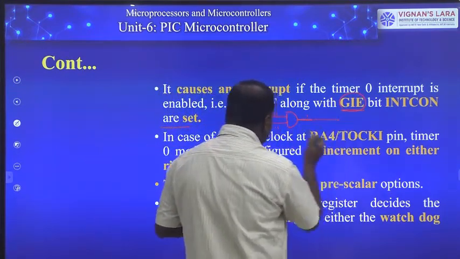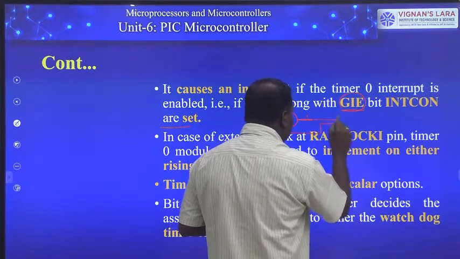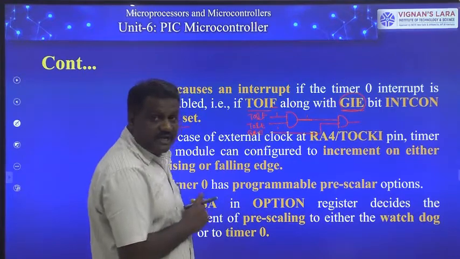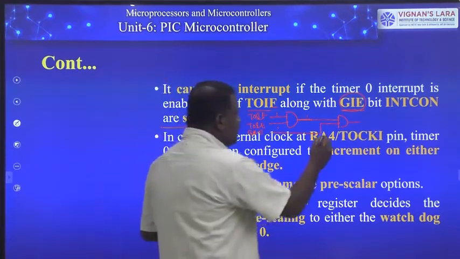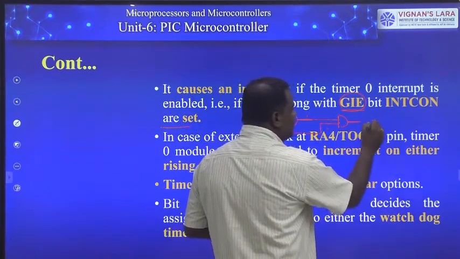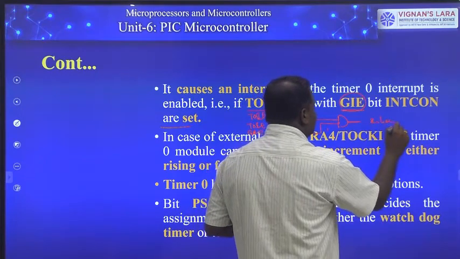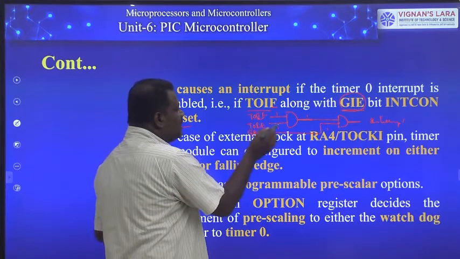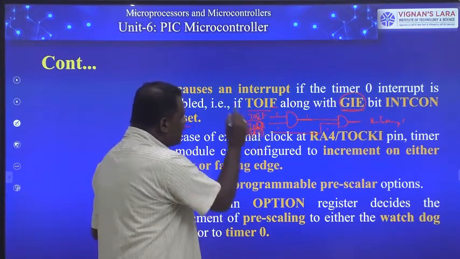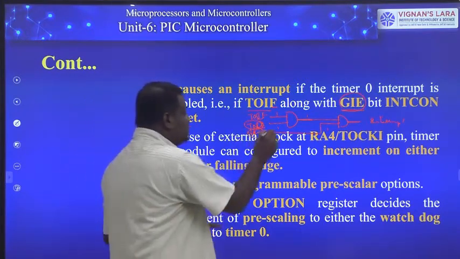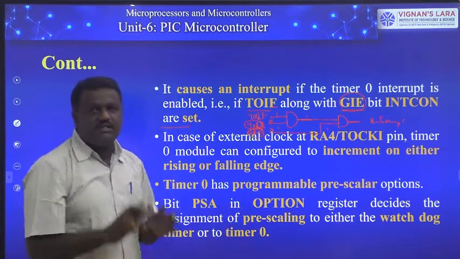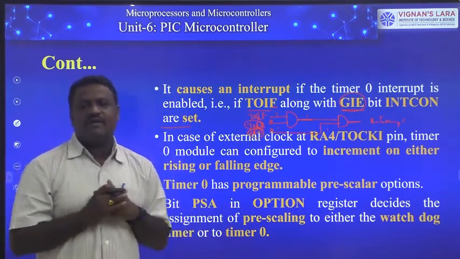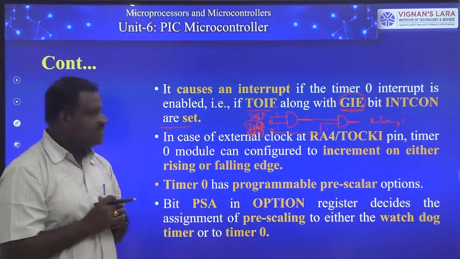And along with this, one more input, GIE, the global interrupt enable, is also set to 1. Then and only then can the interrupt be considered by the controller. That's it. If either of these two bits, T0IE or GIE, is set to 0, the timer 0 overflow interrupt can't be considered by the controller. That is the important thing here.